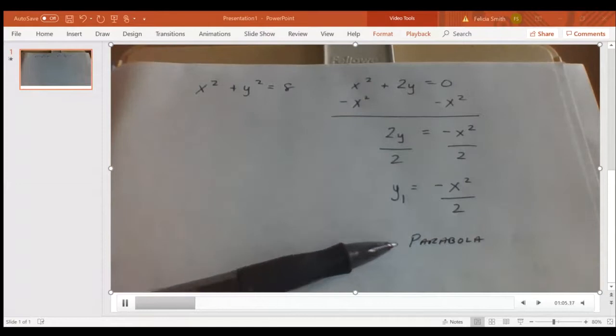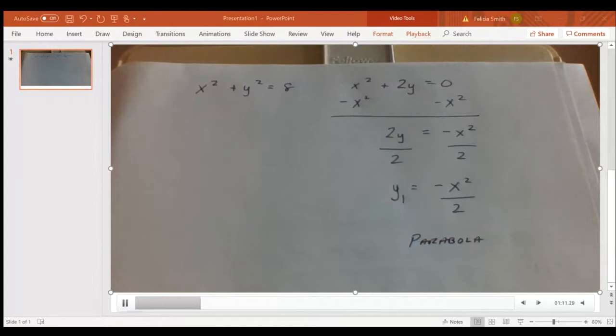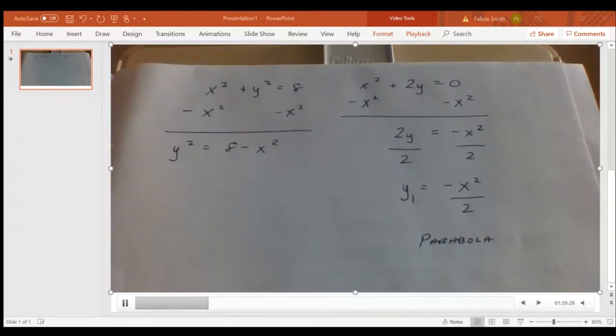We want to do the same thing for the second equation. We want to solve it for y. So we're going to go back and subtract x squared from both sides in that equation. That's going to give us y squared equals 8 minus x squared.